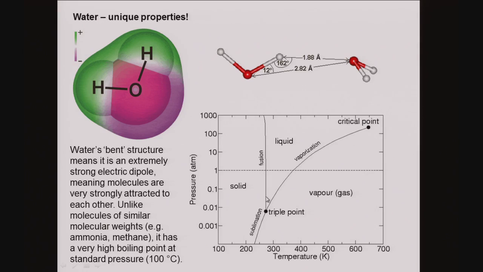There's a quantity called the triple point. This is where we can have all three phases of water together in equilibrium. So we can have water vapor, we can have liquid water, we can have ice at this point, the triple point. And if we look to see what temperature that usually corresponds to, 273 Kelvin. So it's about 273 Kelvin, or 0 degrees Celsius.